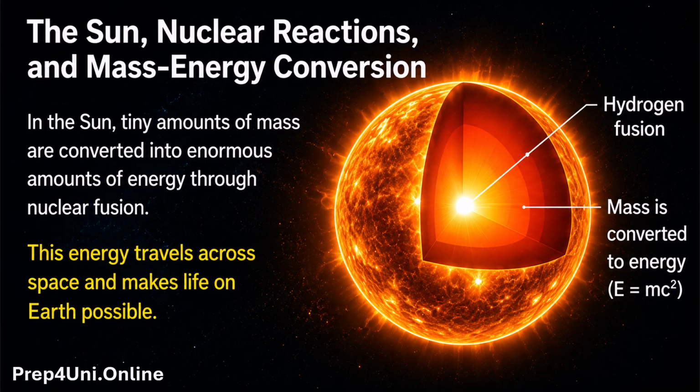This energy eventually reaches Earth as sunlight. It warms our planet, drives weather, supports photosynthesis, and makes life possible. So E equals mc² is not just an abstract equation. It helps explain why the sun shines. Sunlight is connected to mass becoming energy.